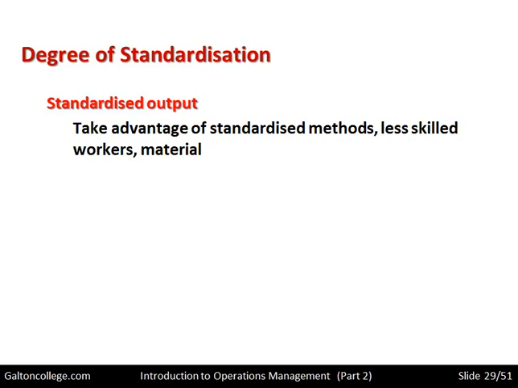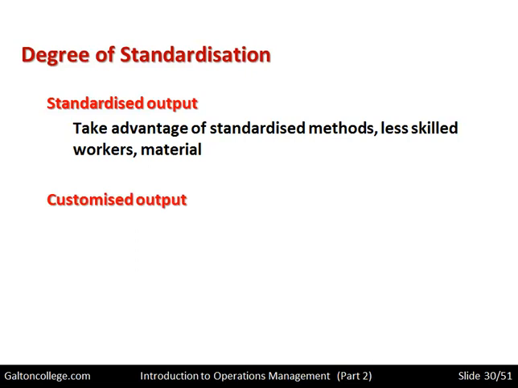The methods of production will be standard. Once the efficient method of production has been determined by operations management, that becomes the set way to do it. And because it's a routine task, less skilled workers may be required.